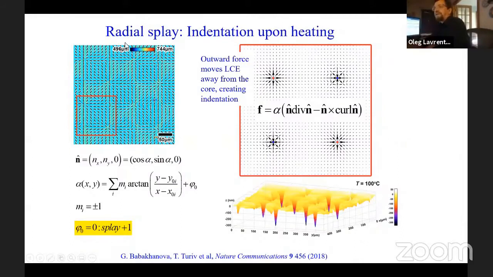If you have the arrangement with predominantly radial deformations, then in the center of each defect of strength +1, you would see the radial force looking outwards. And that means that the material will be depleted in that point, and you would produce an indentation.